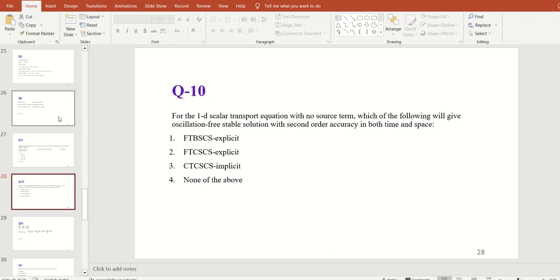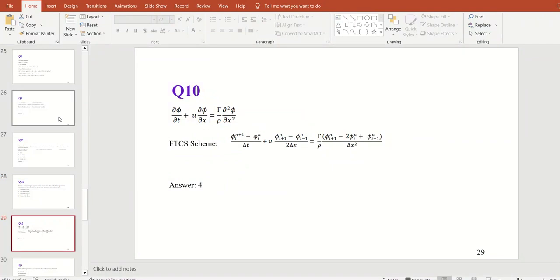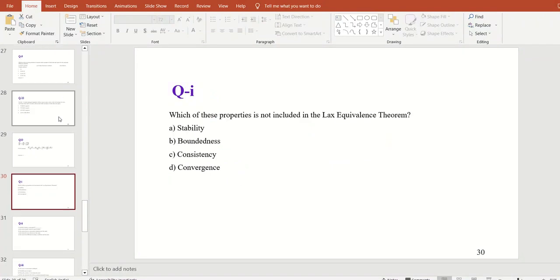If the central scheme is not giving proper results, we use upwinding to bring it back to backward spacing in the first order. So it was about second order accuracy in both time and space.